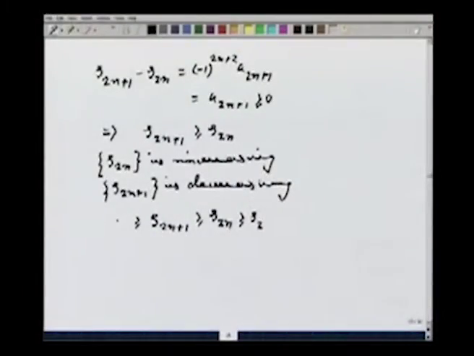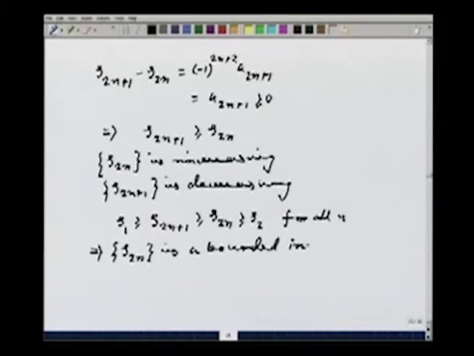On the other hand, S2n plus 1 is decreasing, that means all the terms are less than or equal to the first term, which is S1, and this is true for all n. This implies that S2n is a bounded increasing sequence.